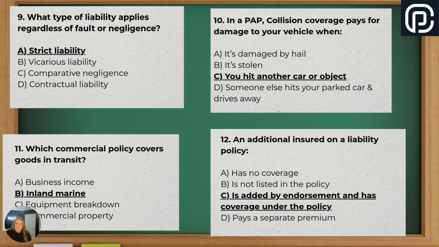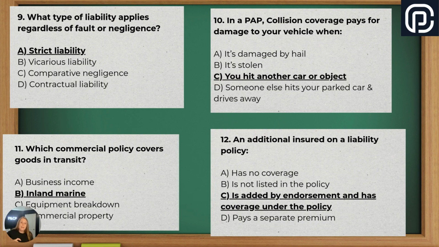The way the exam typically words it is it's going to cover that property while it's on and away from the owner's premises, right? So if it's a bulldozer, for example, that's being moved from one job site to the other, that would need an inland marine policy.